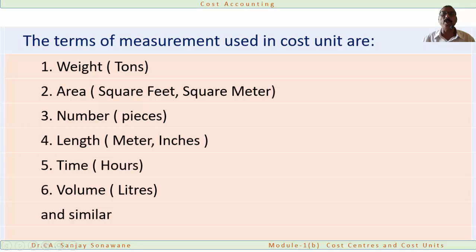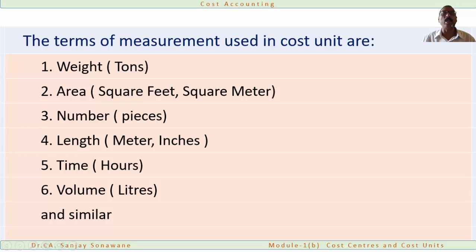If the value is very costly and generally nobody purchases in meters, then we can go for a smaller measure like inches. Next, if the product is calculated in terms of time, let us say professional services we give, there we measure how much time we are consuming.